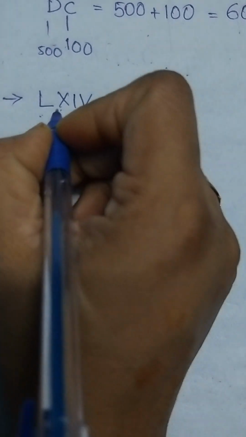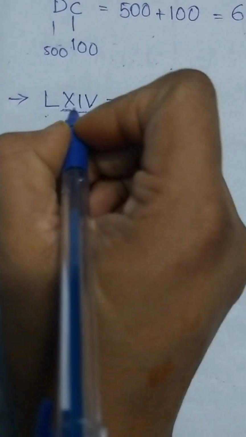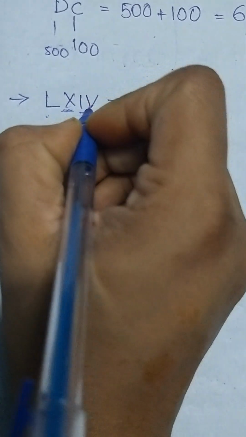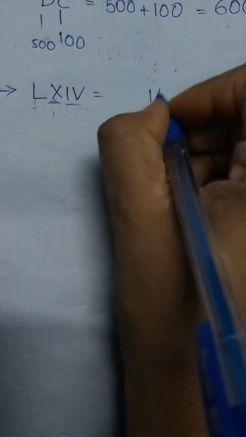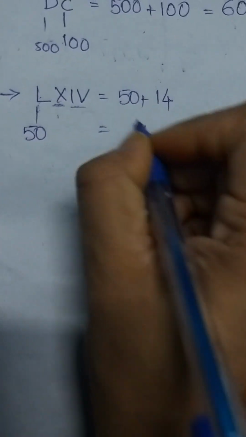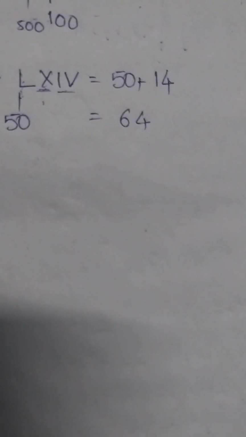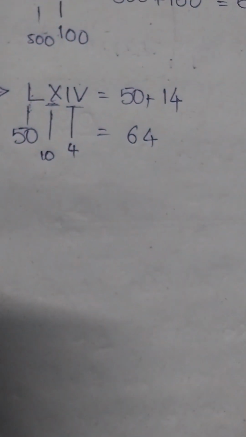This is a very small number. This is 10, and IV means 4. 4 plus 10 is 14. 14 plus L, which is 50, gives 64. This one is 4, this is 10, this is 4. Or you can write it as 5 minus 1, 4.